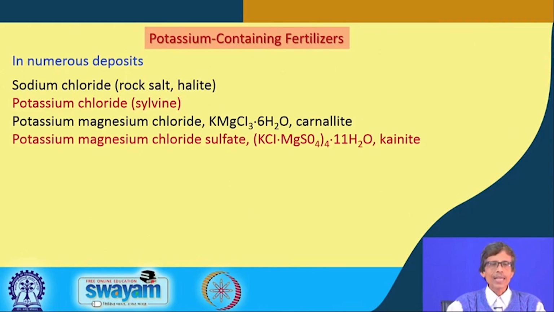So, the challenge is how you get the typical ore source, the mineral source, in powder form, and how you ultimately crystallize it, because during crystallization you are also improving the quality and purity of the material.